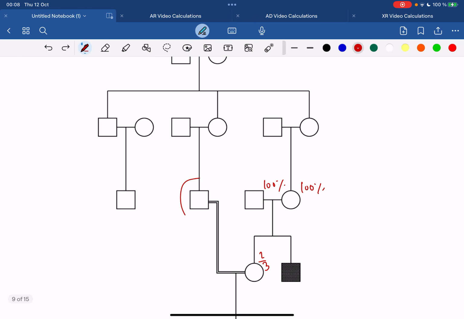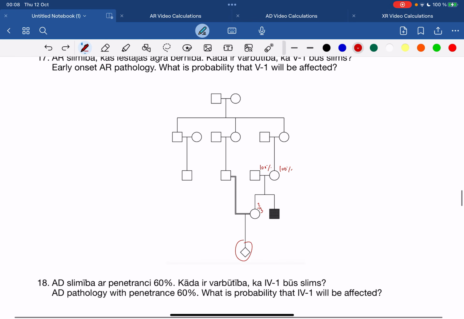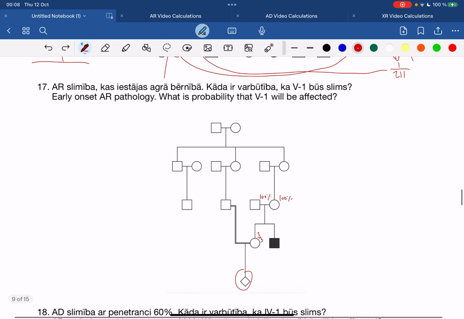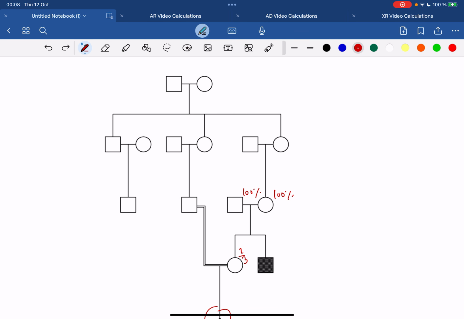And now we want to get back to this person, because for autosomal recessive, both parents have to be taken into account during the calculating part in order to determine whether this person has a chance or not of being affected. So half of 100 here is 1 out of 2. And then over here, it would also be half, so it's 1 out of 4 for all the first degree relatives.